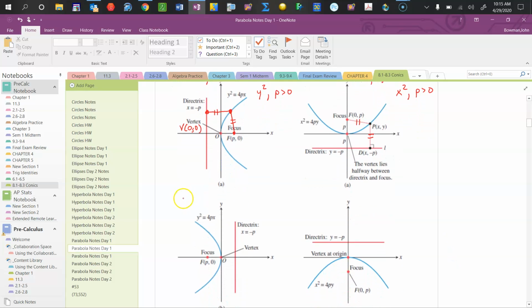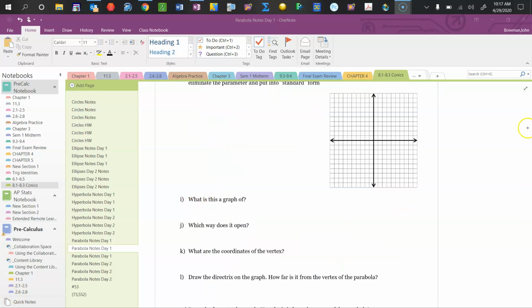Likewise, if the y term is squared and p is less than 0, we have a parabola that opens to the left. And if the x term is squared in the equation and p is less than 0, then it opens down. We'll talk more about that in a few moments.